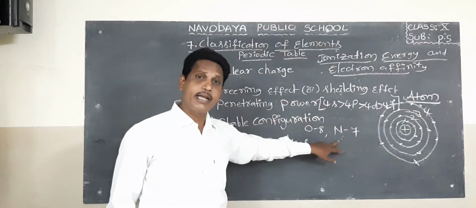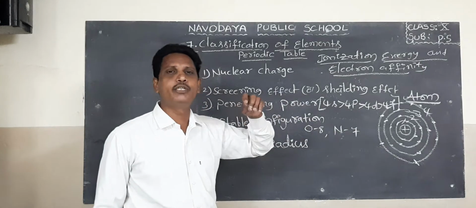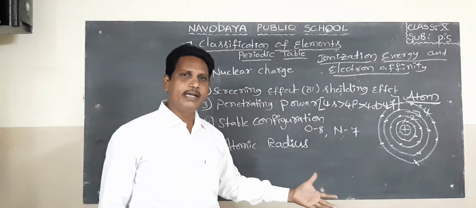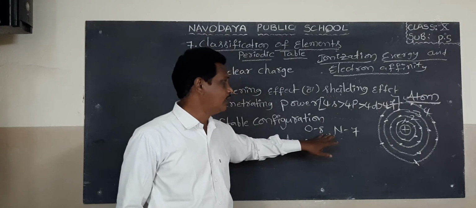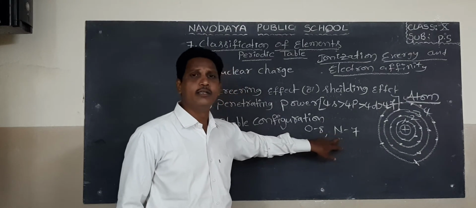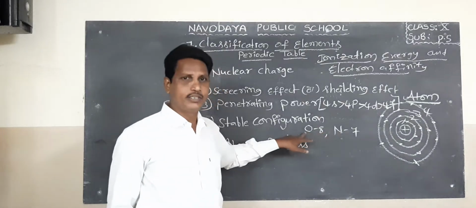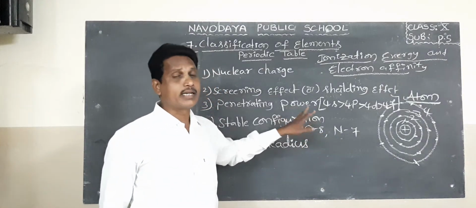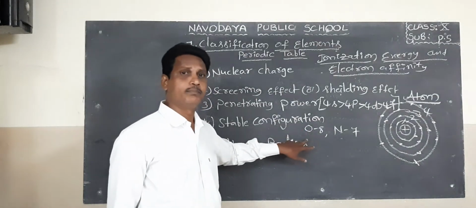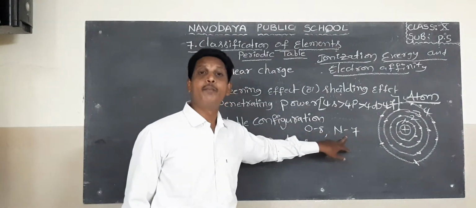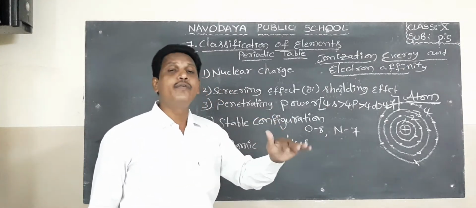Generally it would seem easy to remove an electron from nitrogen, but practically it is easy to remove an electron from oxygen than nitrogen, because nitrogen has a half-filled electronic configuration.